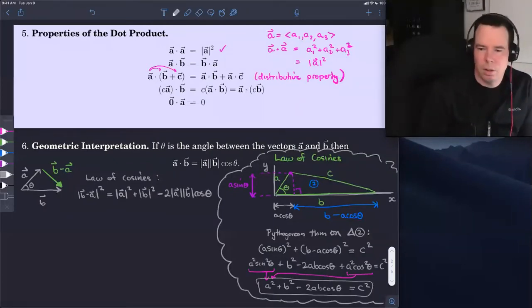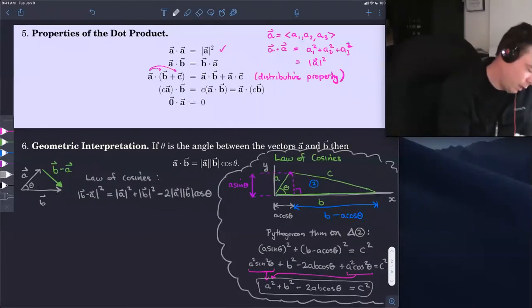And so that's what our law of cosines gives us for that diagram on the left. I'm just using the law of cosines to relate the side lengths of those three sides of the triangle and that one angle that we are interested in.